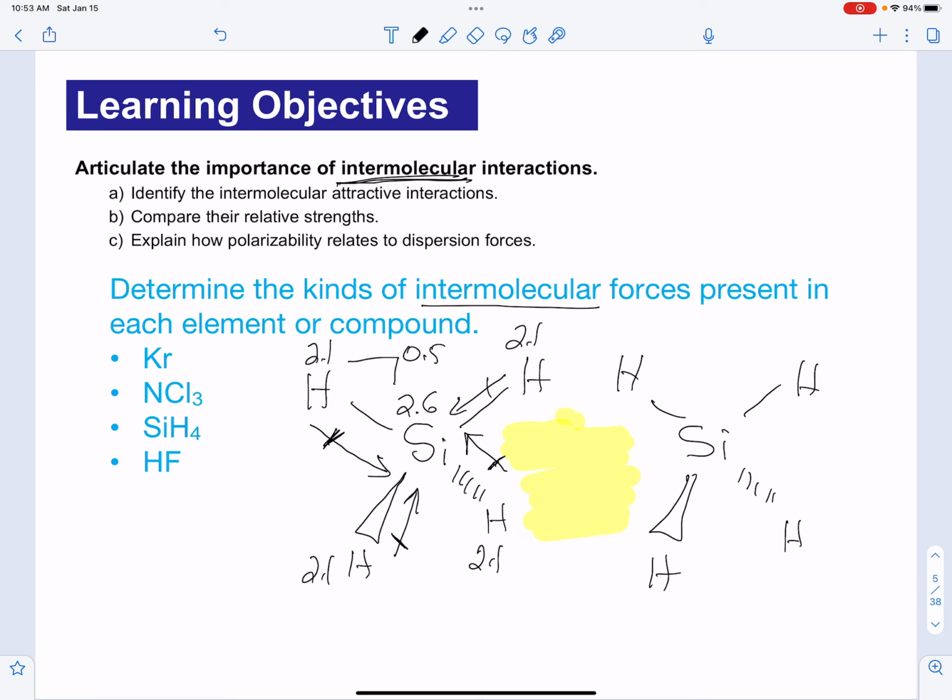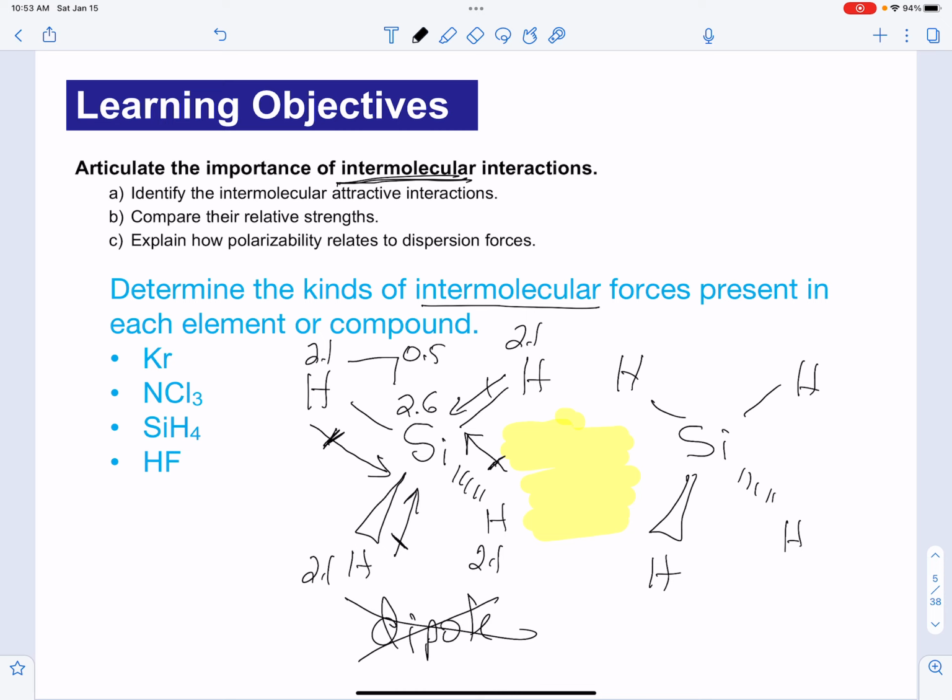So the distribution on this molecule is even also. Even if those bonds were polar, because it's a tetrahedral with no lone pairs, this molecule is going to be non-polar. So therefore, this is not a dipole.